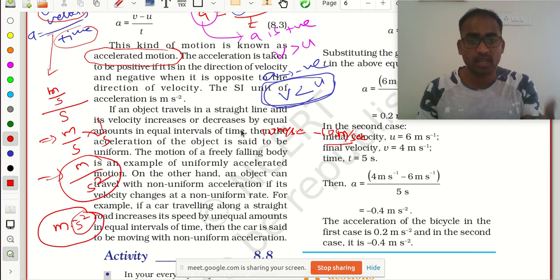If my change in velocity is uniform, then my acceleration is also uniform.